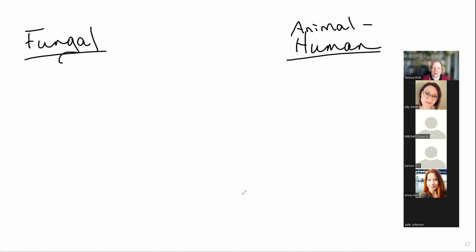All right, so as eukaryotes, what is the structure that all eukaryotic cells have? Cell wall? One of them has a cell wall, one of them doesn't. Fungal has a cell wall. Yes, it does have a cell wall.